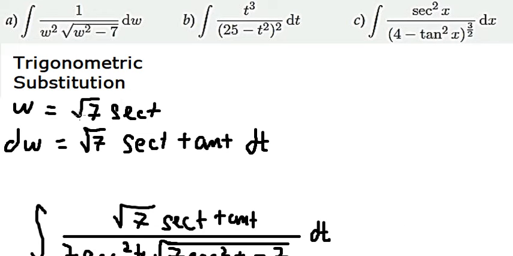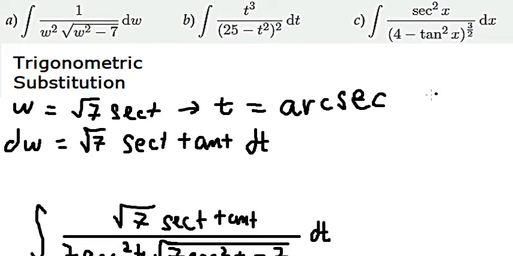So we divide both sides with the square root of number 7 and we got about t equal to arc secant of w over the square root of number 7.